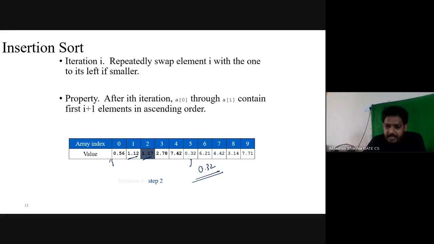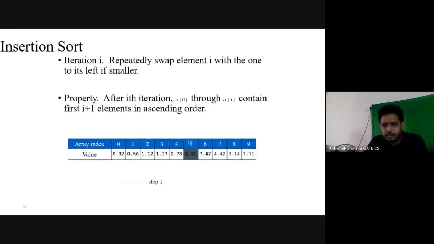When I started comparing 0.32, you remember that all the elements on the left are part of the sorted list. So this is how it works, and the entire process is called insertion sort.